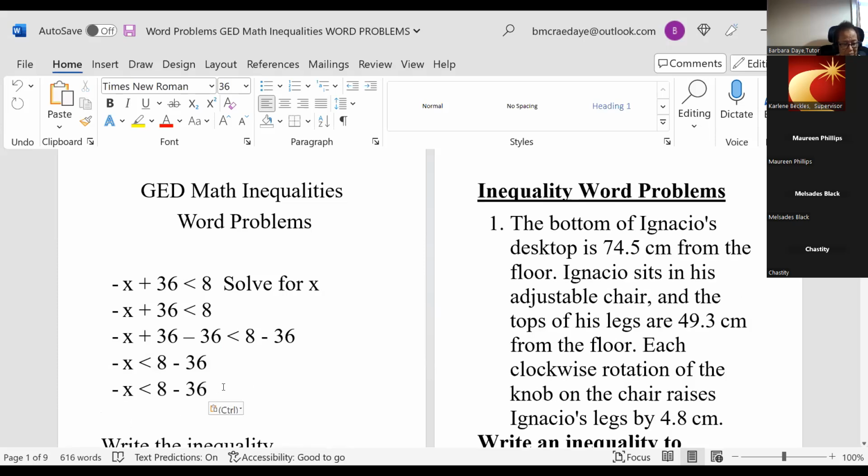What's the sign? 8 minus 36 is what? Oh, that's 28. Plus or minus? Minus. That's right. You can't just say 28 because that means plus, right? So minus 28.